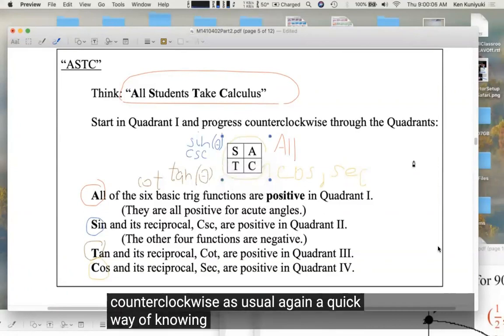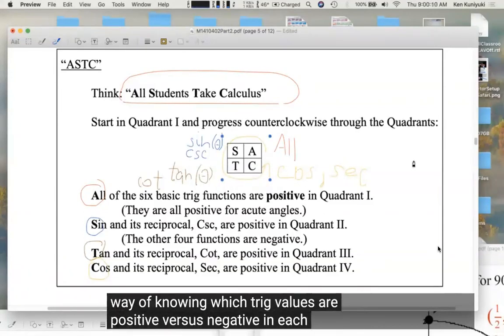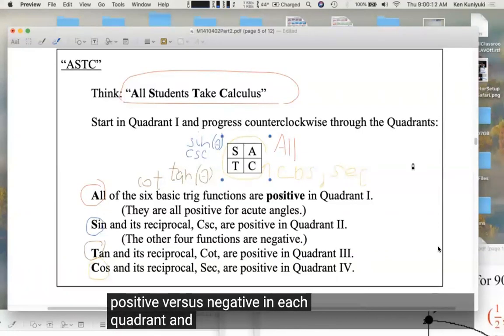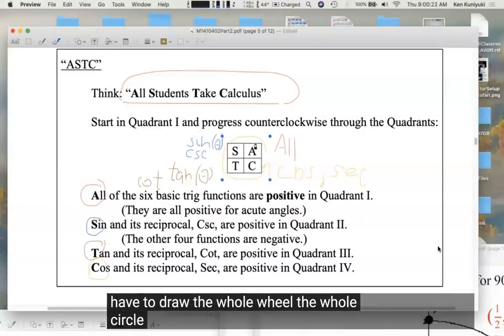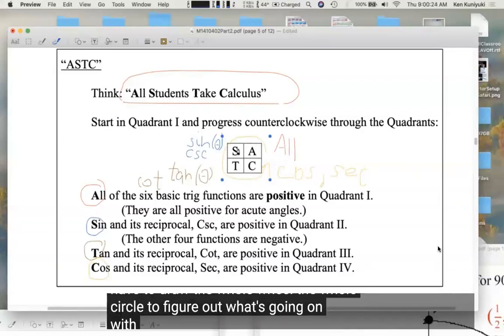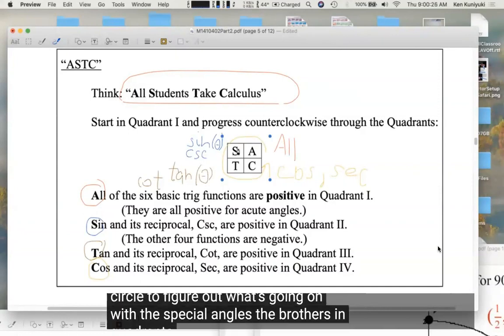Again, a quick way of knowing which trig values are positive versus negative in each quadrant. And this is a real breakthrough, because if you know the deal in quadrant 1, the piece of the unit circle in quadrant 1, you don't really have to draw the whole circle to figure out what's going on with the special angles, the brothers, in quadrants 2, 3, and 4.